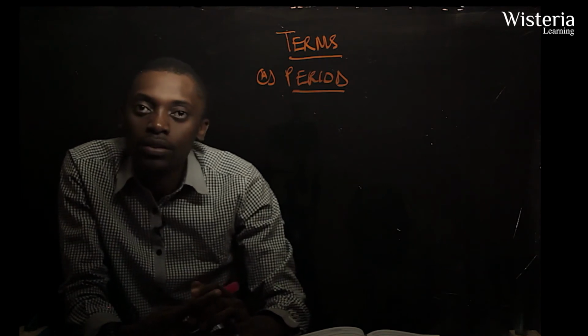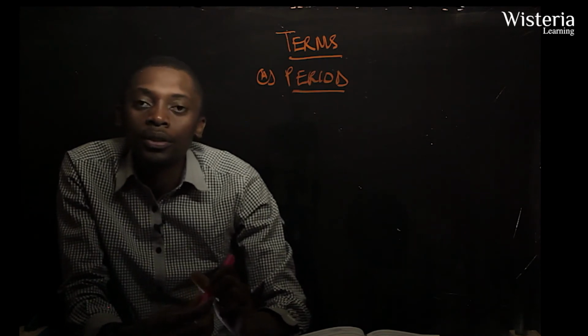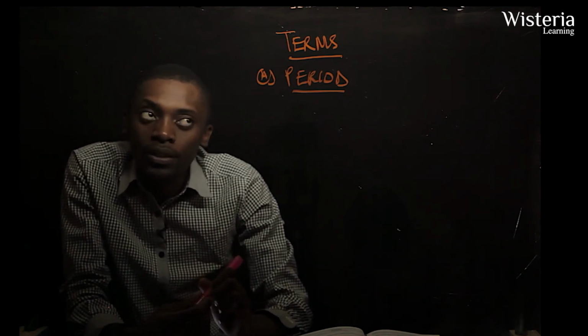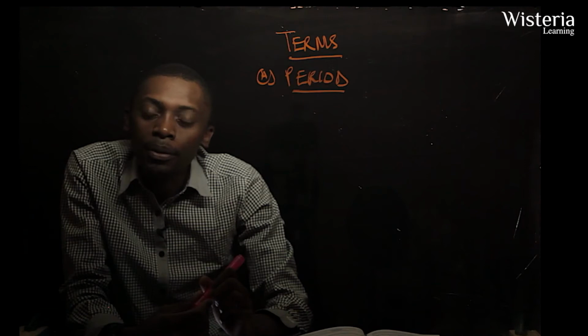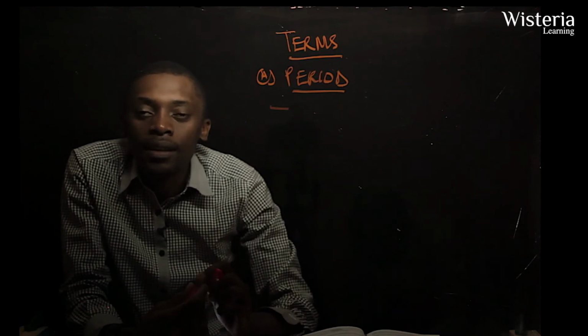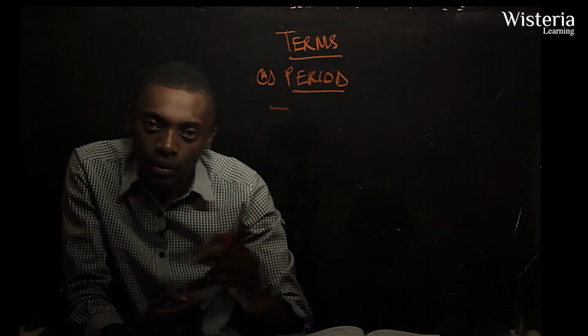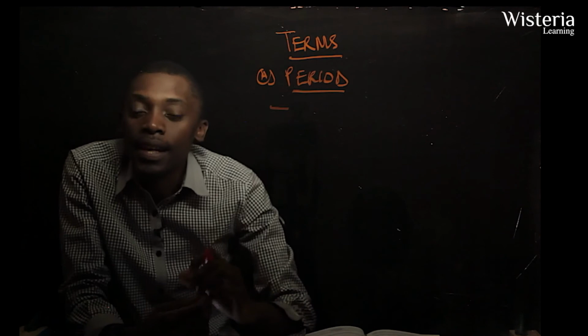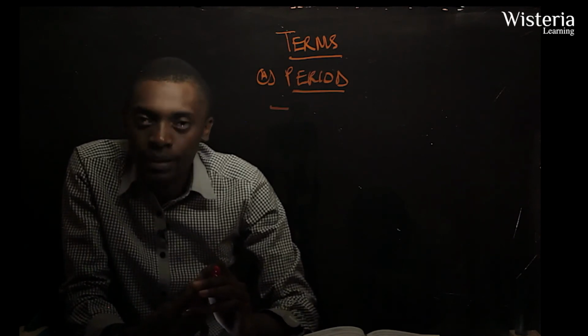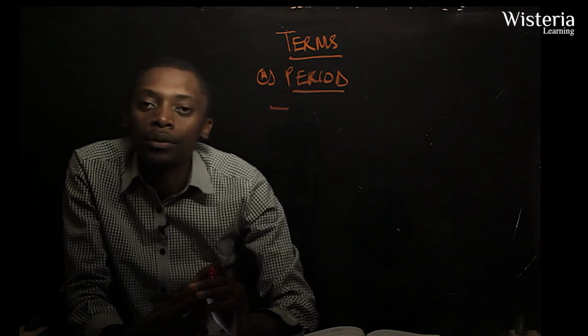The first one is known as the period of a pendulum. As a student, you need to know what is meant by this term. To define it, this is the time it takes for the bob to make a complete oscillation. That's what is meant by the period of a pendulum.